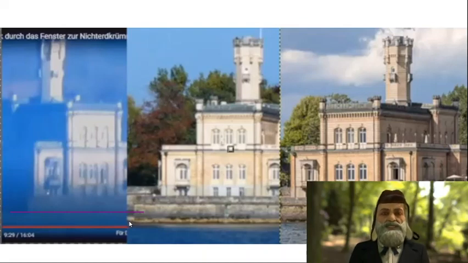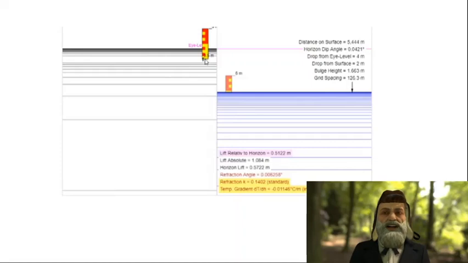Although I must admit that it's not as much as would be expected when you do not factor in refraction. I also did this in one of the past videos. I used Voltibislin's Earth curve calculator, and when you factor in refraction, then you see exactly what you see in the image, which is reality.